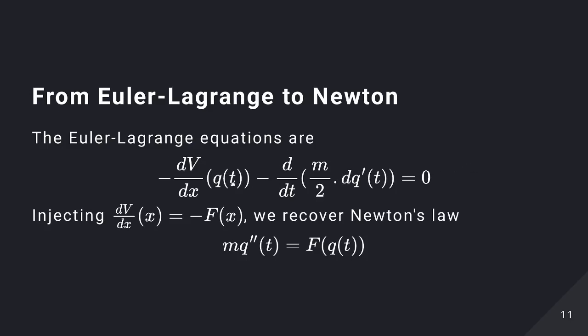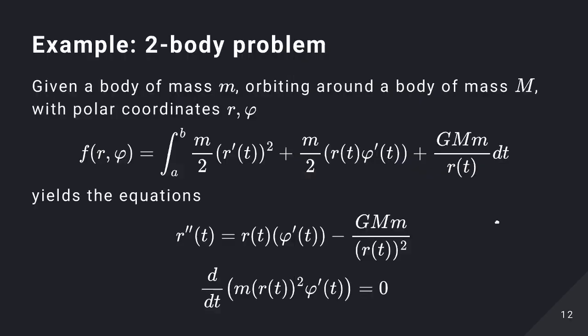Sorry for the typo. But you can easily see, because only the potential depends on the position and the kinetic energy only depends on the velocity, if you apply that mechanically, this is the general Lagrange equation you get for classical mechanics. And if you then reuse the fact that this is just minus the force, then we recover Newton's law.